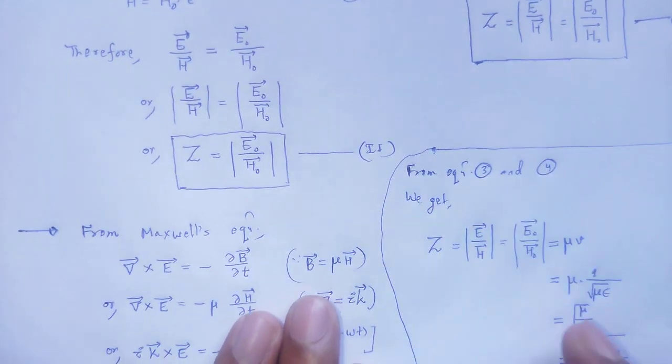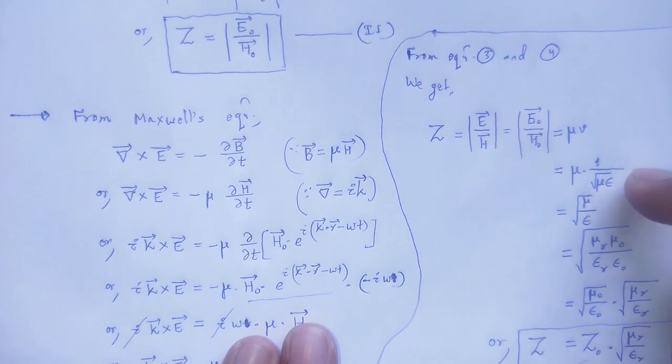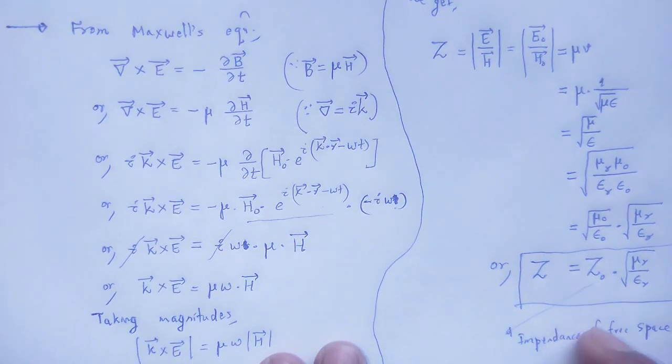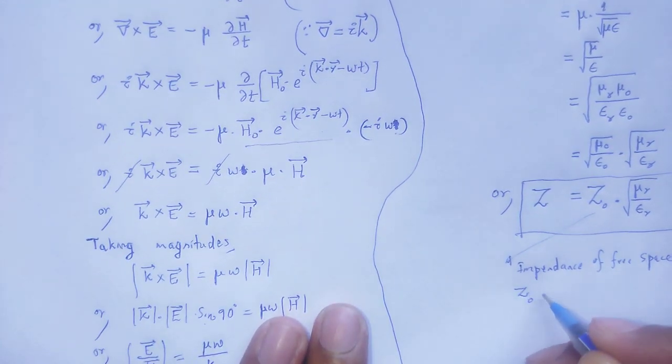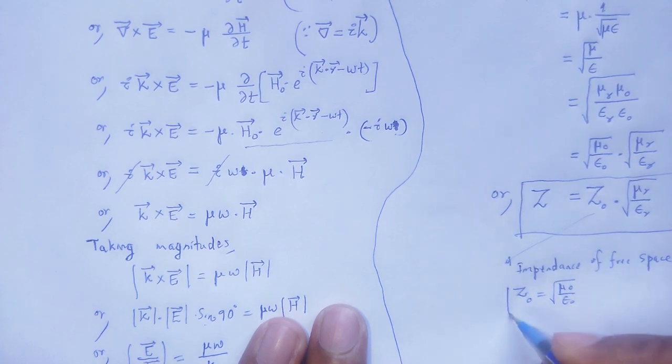Comparing these two equations, for V we substitute, and finally we show the impedance of free space, Z naught is equal to under root of mu naught divided by epsilon naught.